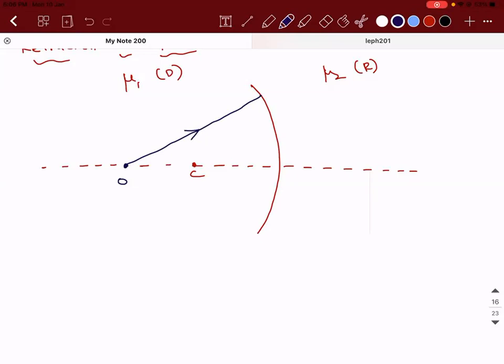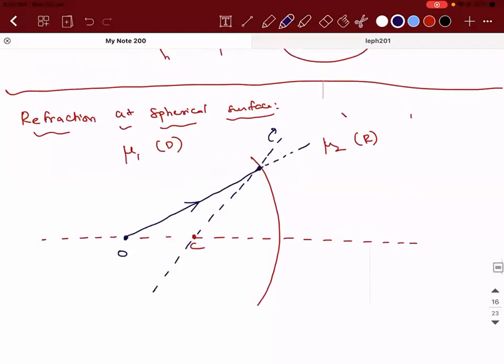The line through the center of curvature, passing to the point of incidence, is the normal. This is the actual path.